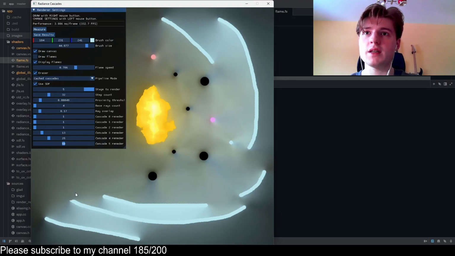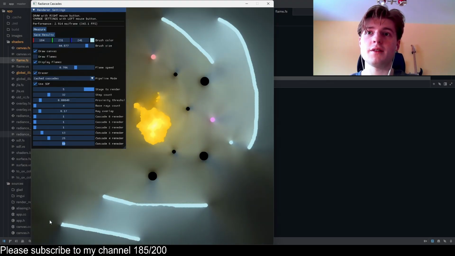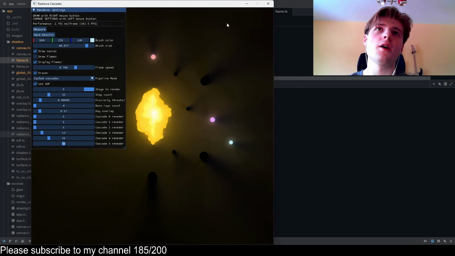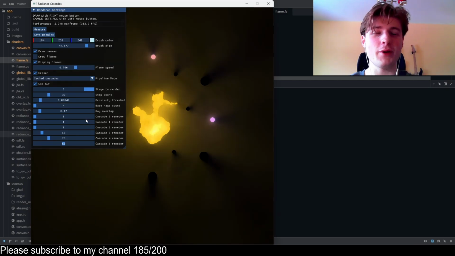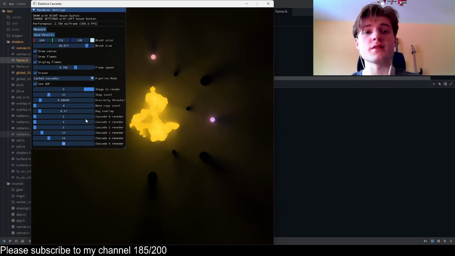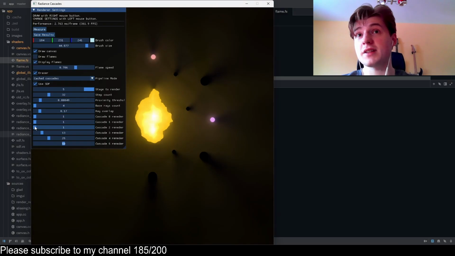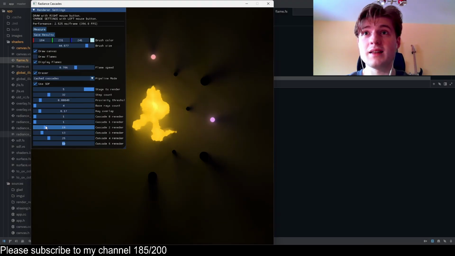What is really interesting is that when you lower the frequency of the lowest cascades, you will notice that although the performance increases, the quality of the image becomes really stuttered. So let's, for example, decrease the third cascade here, right? As you can see, this becomes kind of steppy, right?